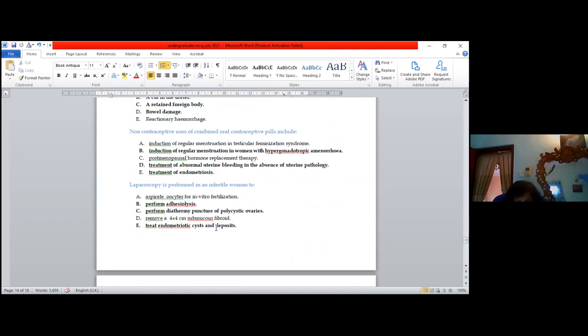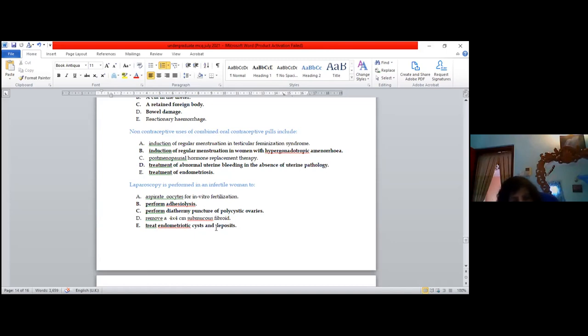That is wrong, because oocytes are aspirated vaginally under ultrasound guidance. So in the previous question, B, D, and E are correct. Laparoscopy is performed in an infertile woman to aspirate oocytes for in vitro fertilization is wrong.